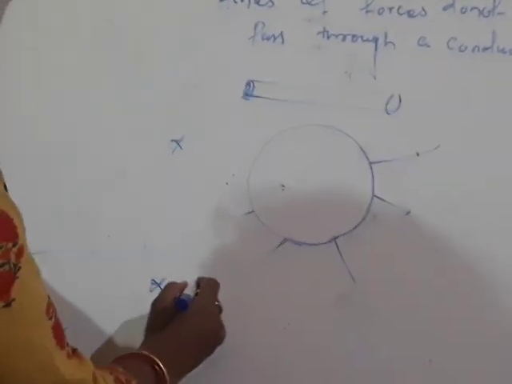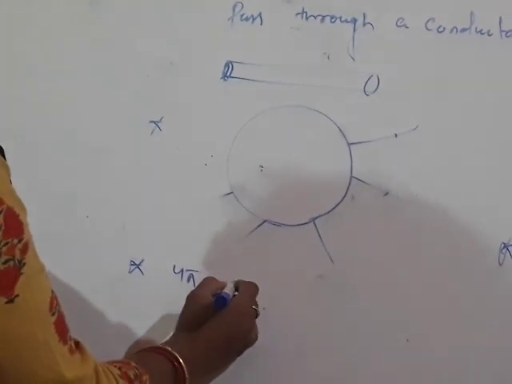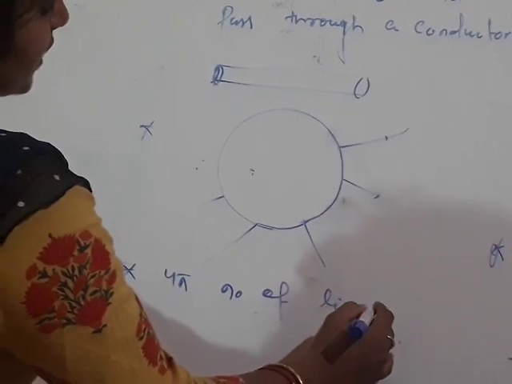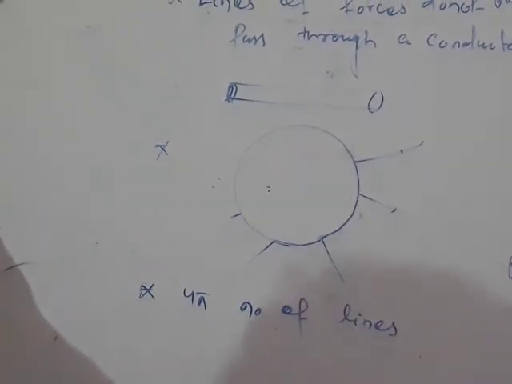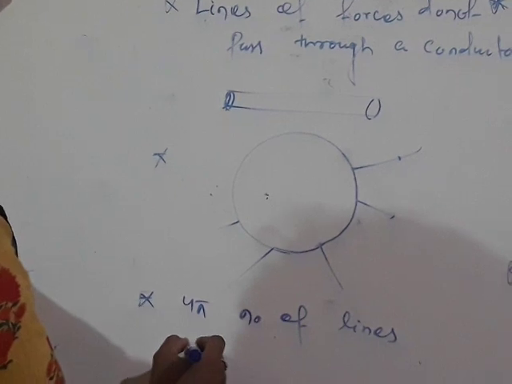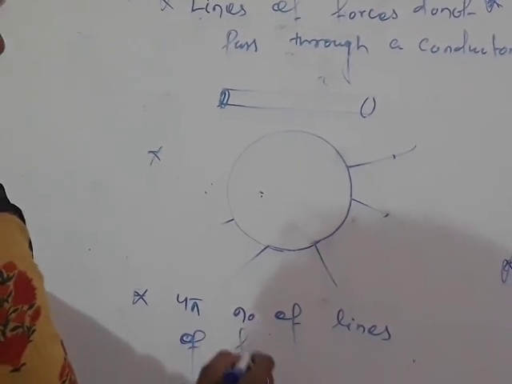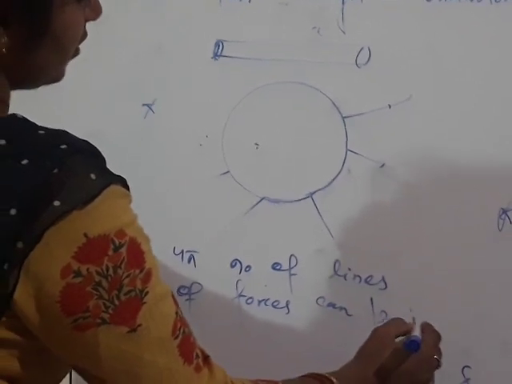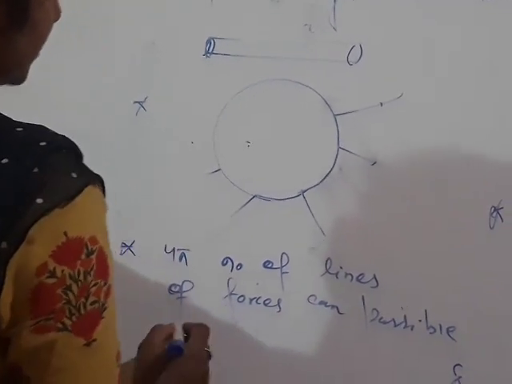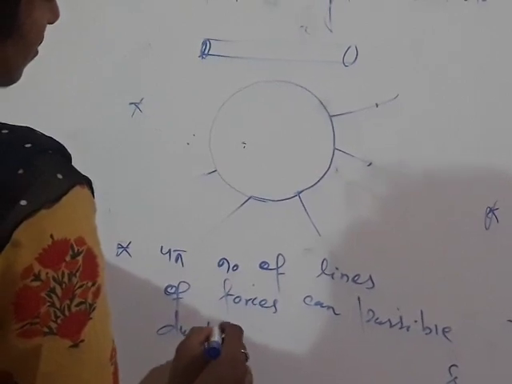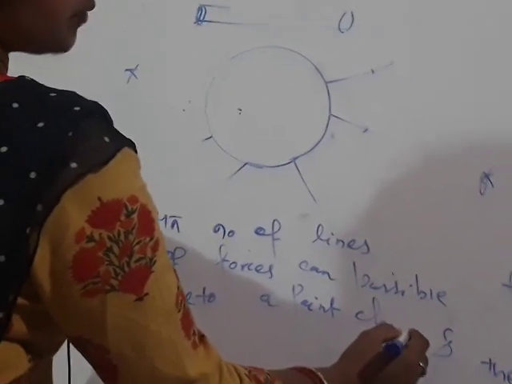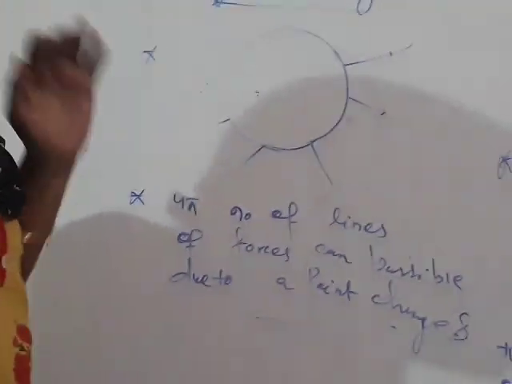And next, 4 pi number of lines of force can be plotted due to a point charge. So this is all about electric lines of force.